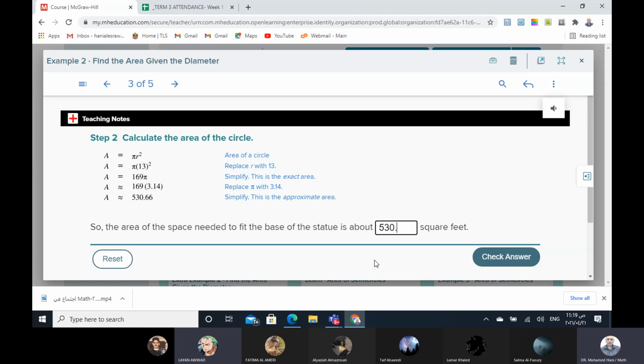If I write exactly 66 here, we have right, because here we don't have rounding. But if the question said round to the nearest hundredth, remember here 66 will be 70. So the answer will be 530.70.